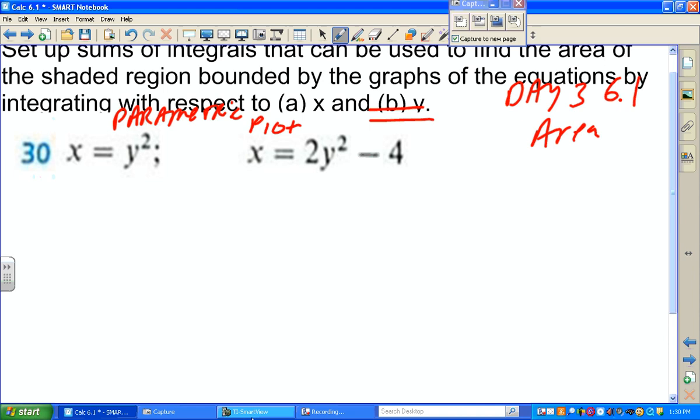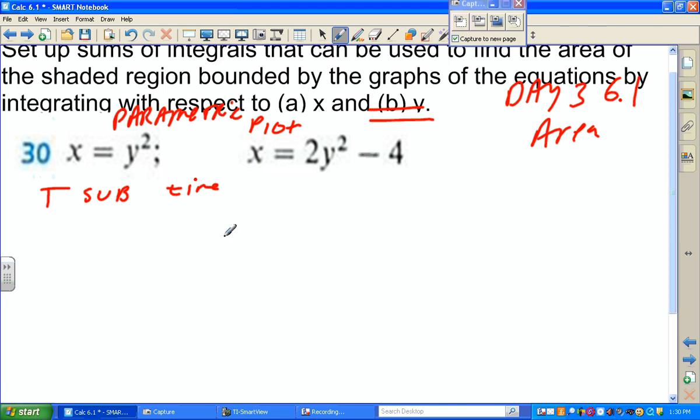A parametric plot means I'm going to introduce, kind of like in integrating, you introduce U substitution to make the problem easier to read and solve. I'm going to introduce T substitution for parametric plotting. The T stands for time, used a lot in physics. This way I can write both equations using T.